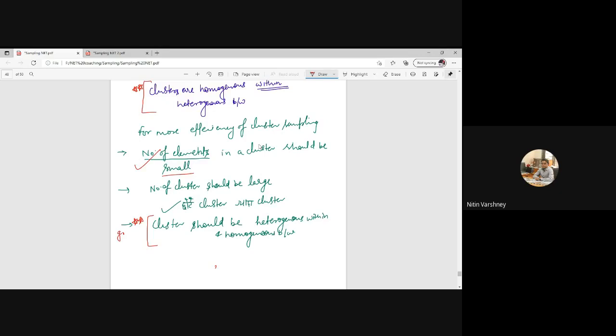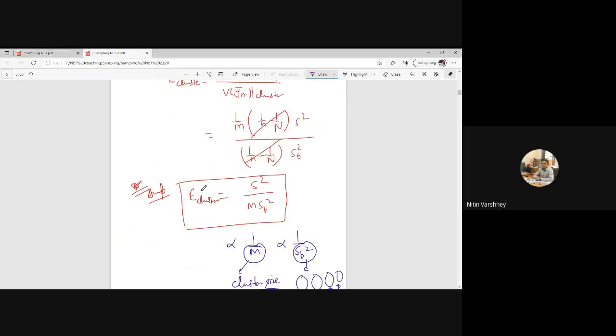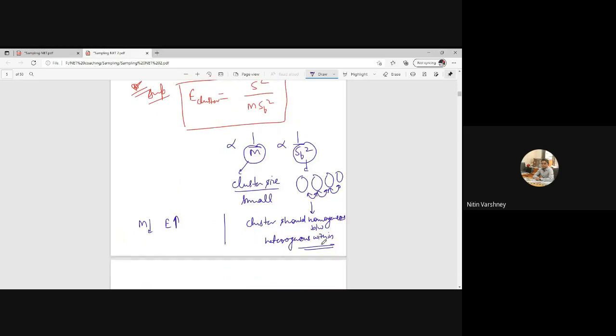Small size, more clusters, and clusters should be heterogeneous within and homogeneous between. So we have seen here also that clusters should be heterogeneous within and homogeneous between. That is the main difference between cluster sampling and stratified sampling. In stratified sampling, strata should be homogeneous within and heterogeneous between. Just opposite, clusters should be homogeneous between and heterogeneous within.